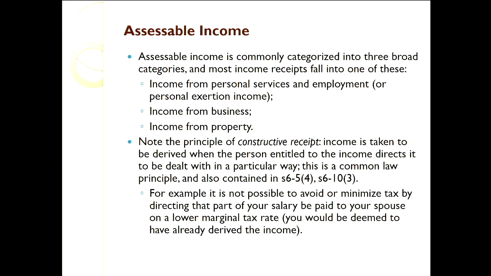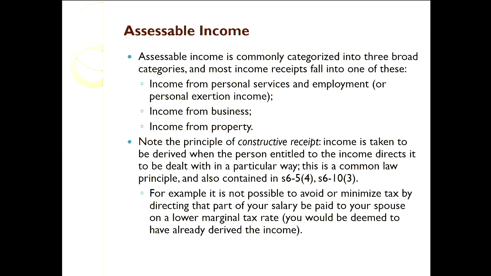Now, in terms of some fundamental ideas to begin with, before we go into that analysis by types of income, the principle of constructive receipt, it is coming from judge-made law, the common law, and it's reflected in the legislation in section 654 and section 610(3). Now, really, it's a tax avoidance measure or an integrity measure.